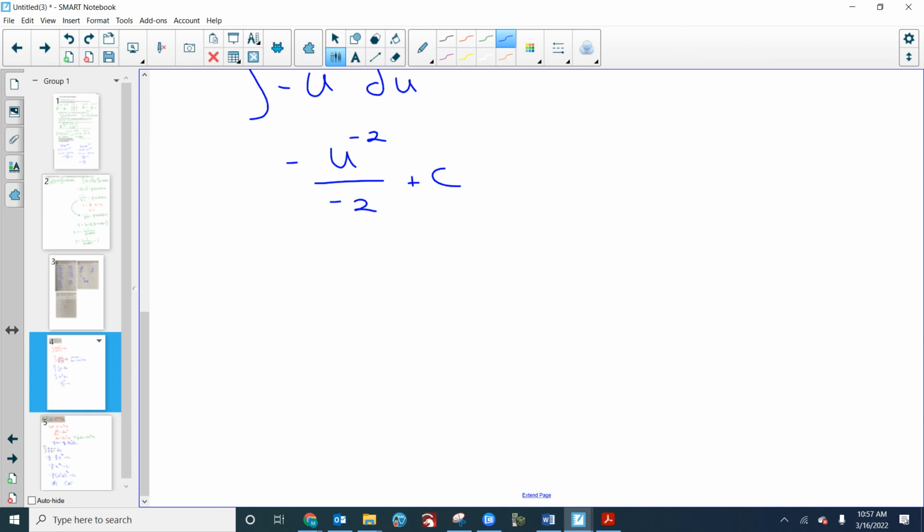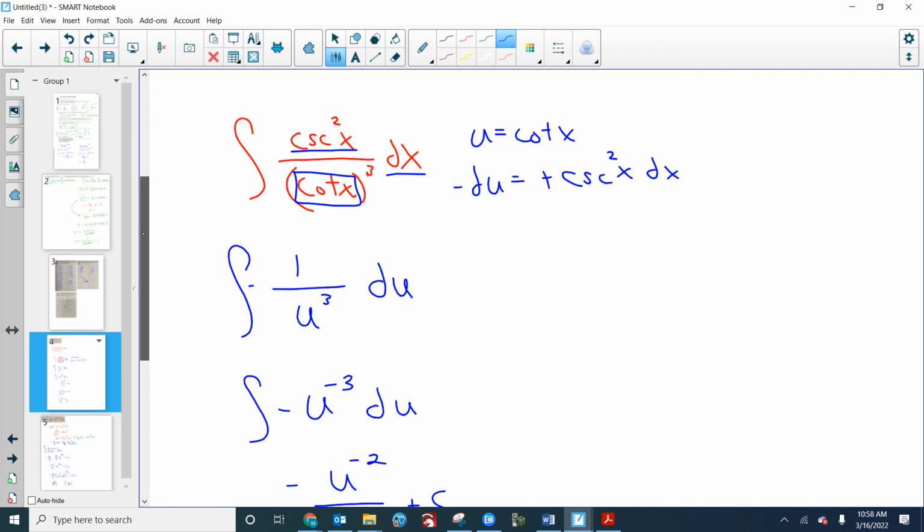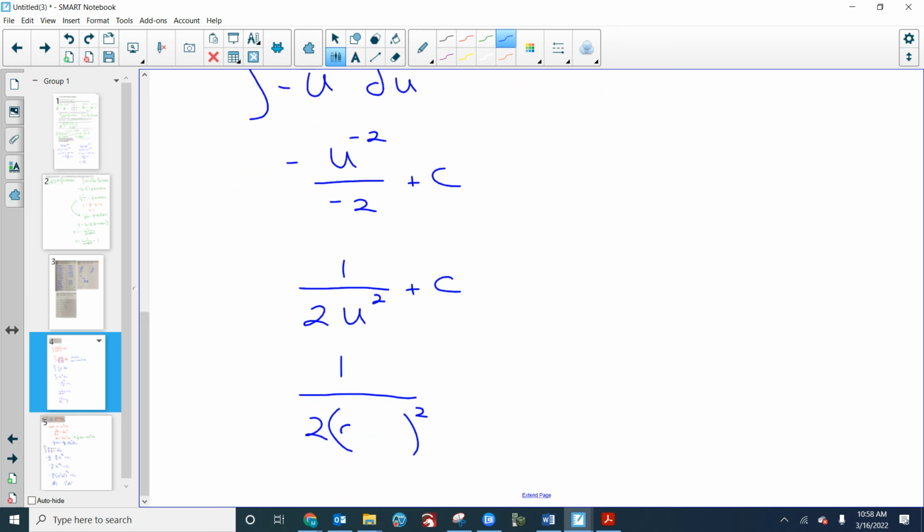Positive 1 over 2u squared, where u is cotangent x, or you can put 1 over 2 cotangent squared x plus c. Did I mention you'll miss a point if you don't put plus c? Beautiful. It's a beautiful problem.